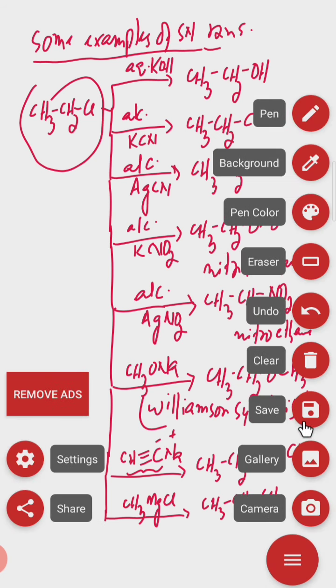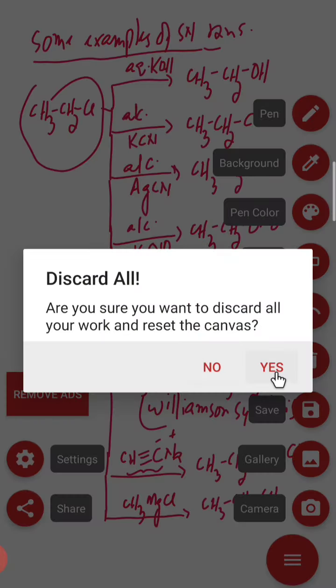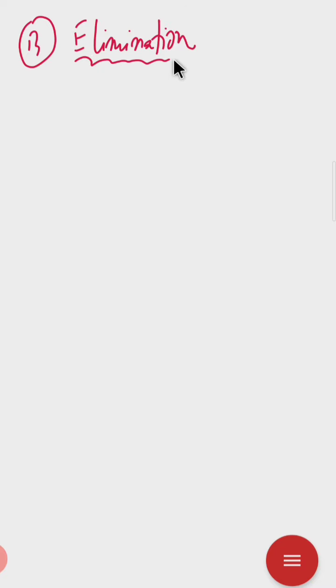Let me take next reaction of haloalkanes. Next reaction is elimination reaction. Elimination reaction of haloalkane is also called dehydrohalogenation, right?